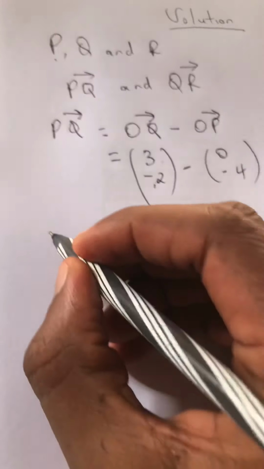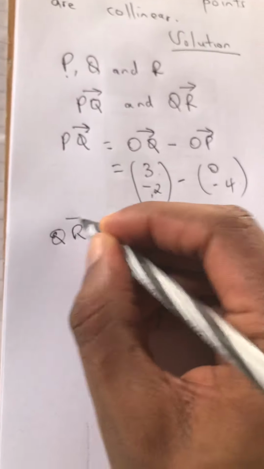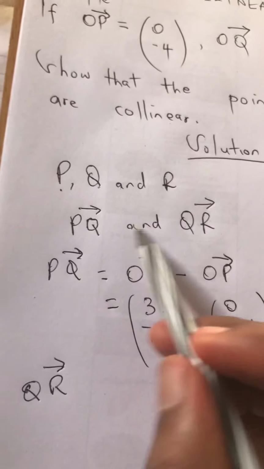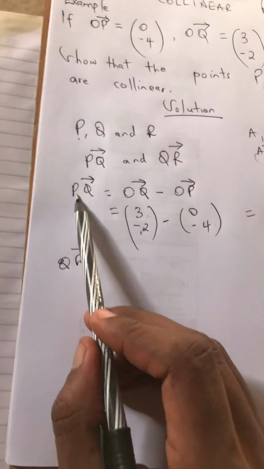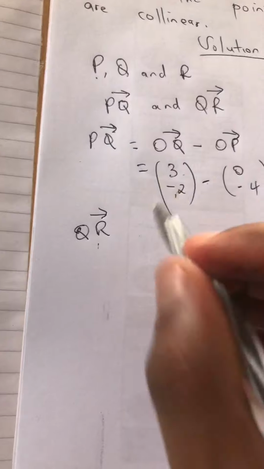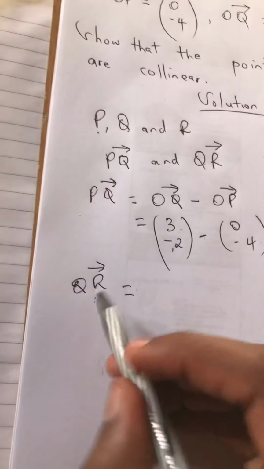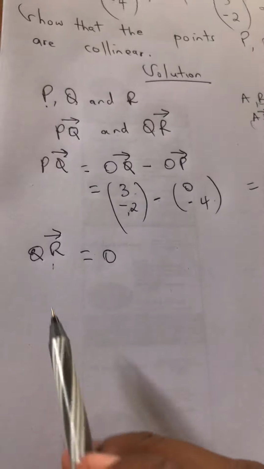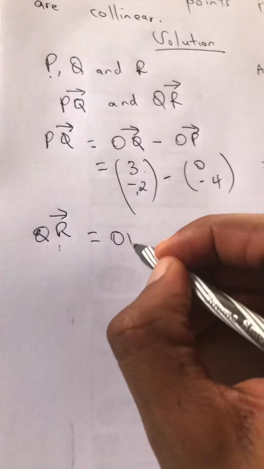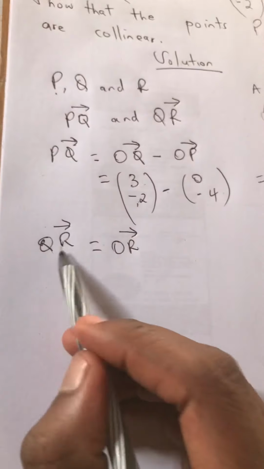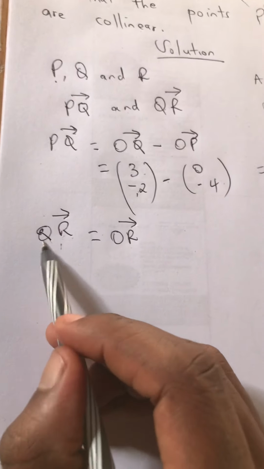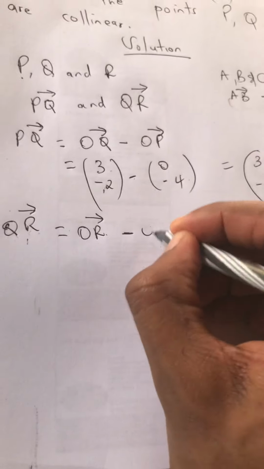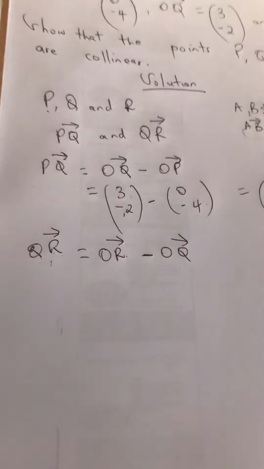Therefore, let us move on and look for QR, because we said we look for PQ and QR. Tushapata PQ already. So let's now look for QR. Again, QR will be simple. Given OQ and OR, when you are looking for QR, you will simply say OR, yani O na hii ya mbele minus O na hii ya nyuma. So OR minus OQ.